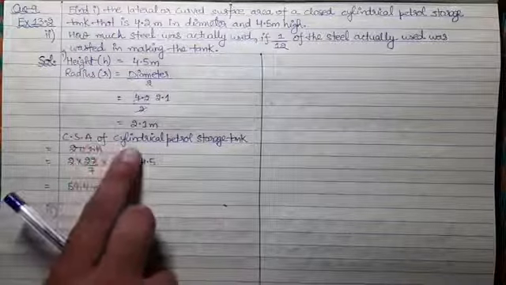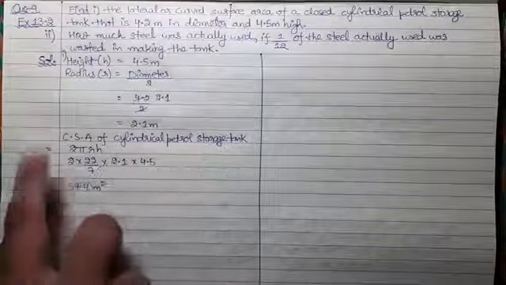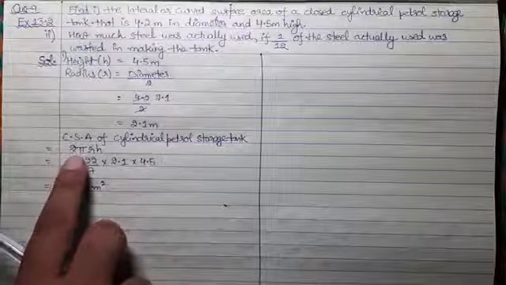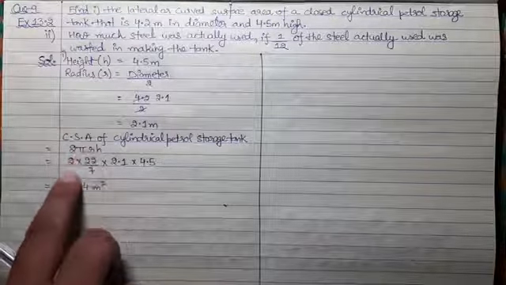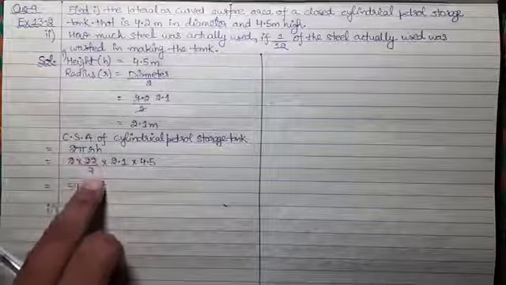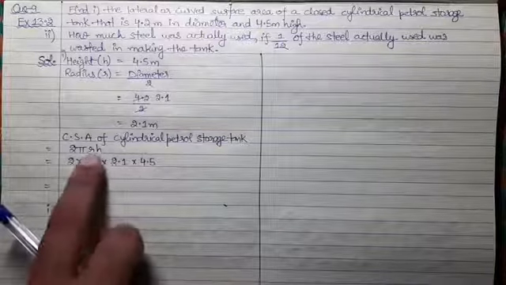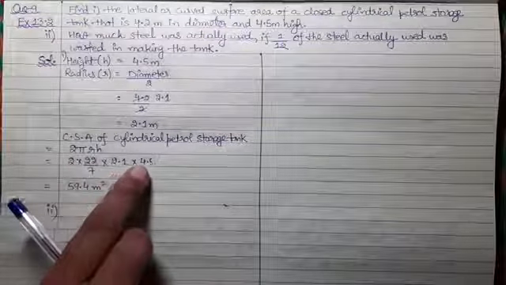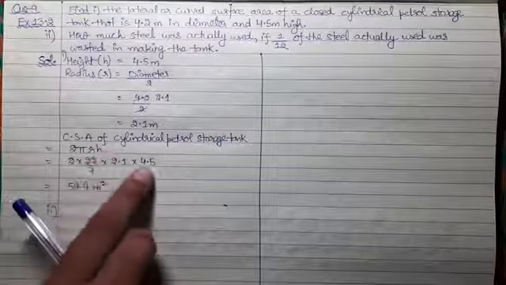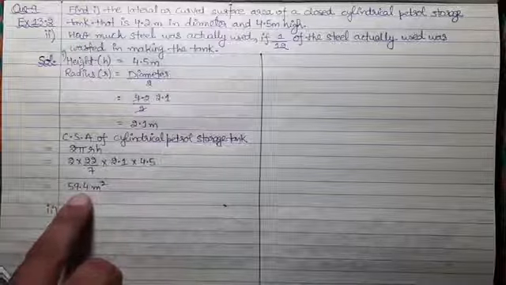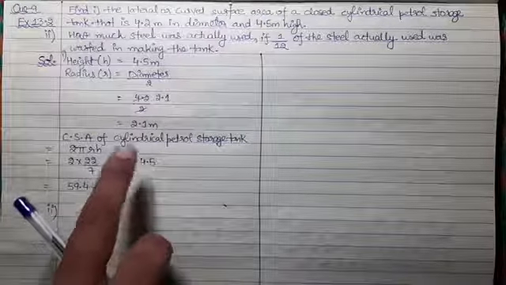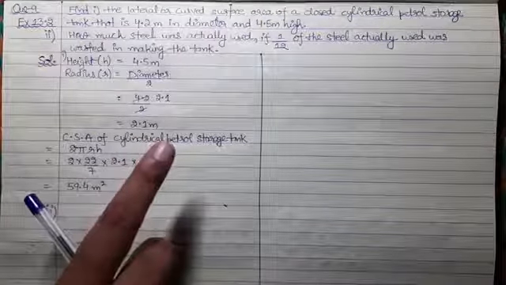Curved surface area of cylindrical petrol storage tank is equal to 2 pi r h. 2 multiply 22 by 7, the value of pi, multiply 2.1, value of radius, and the value of height is 4.5. When we solve this, we get 59.4 meter square, the curved surface area of cylindrical petrol storage tank. This is required answer of part 1.